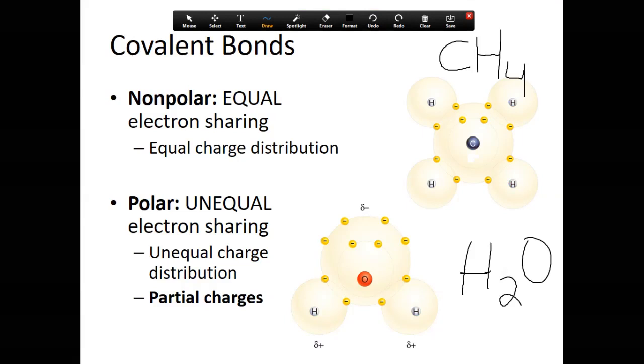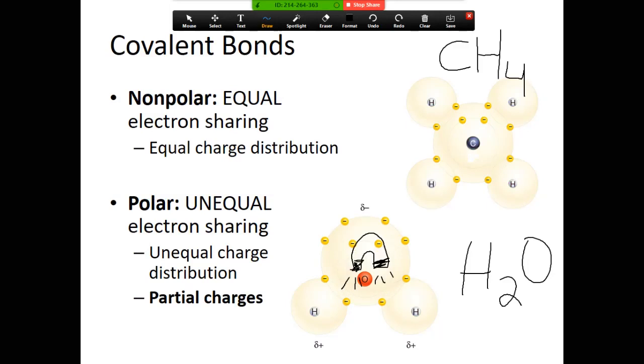Another way I like to think of electronegative atoms like oxygen is like electron magnets. Okay, so if you can imagine this oxygen nucleus like a magnet, and it's pulling all the electrons close to it.